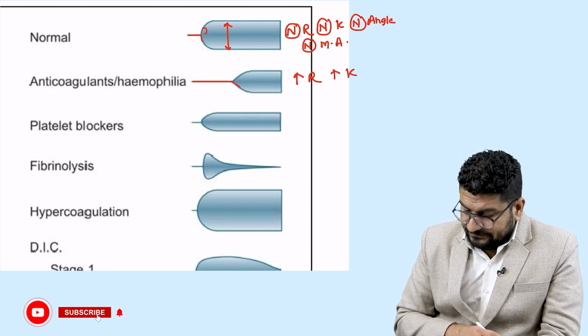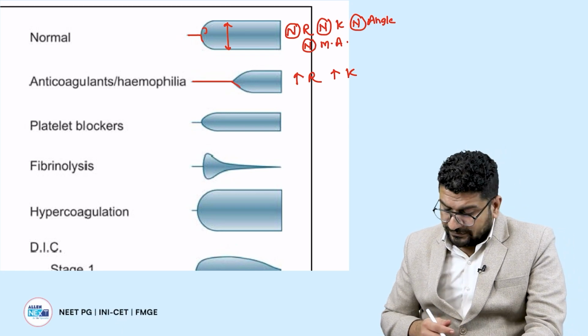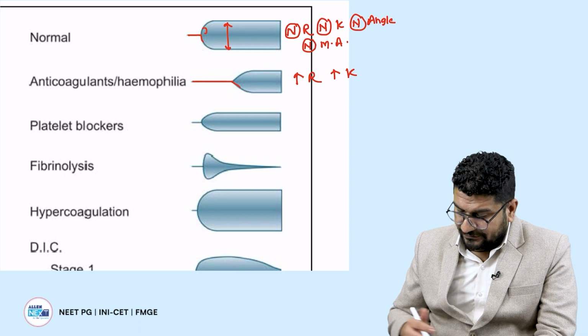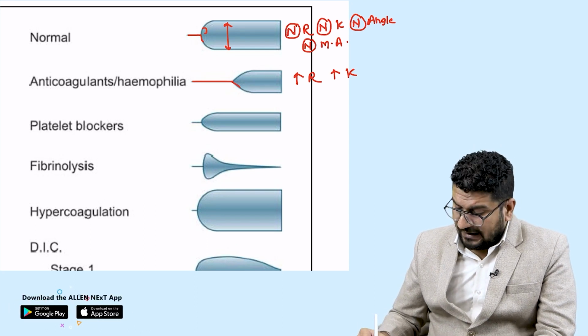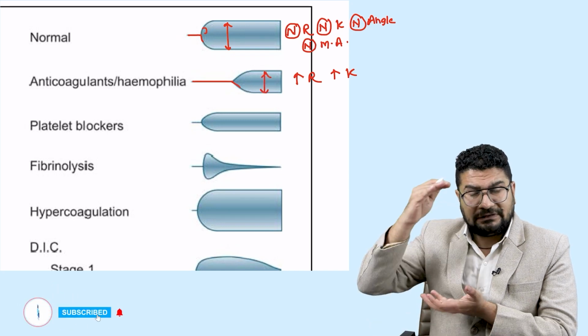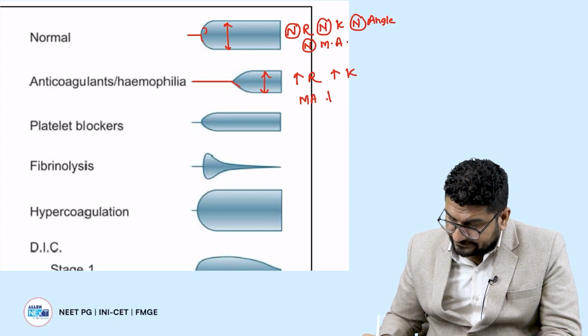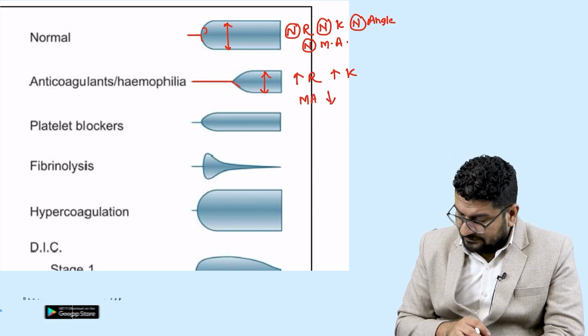R and K are both prolonged. If you look at MA, maximal amplitude, it is not being achieved as much, so maximal amplitude will be less. Clear?